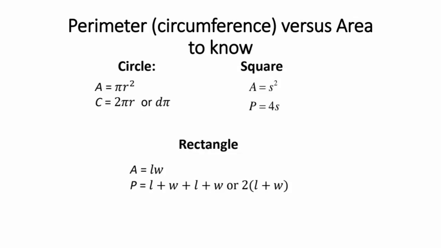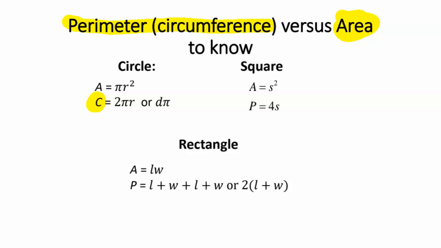Now, you gotta watch here. The A represents area. Now, this C is known as the perimeter or circumference of a circle. Circle's round. So using the word perimeter, which is the distance around, is replaced by the word circumference, which is around the circle.